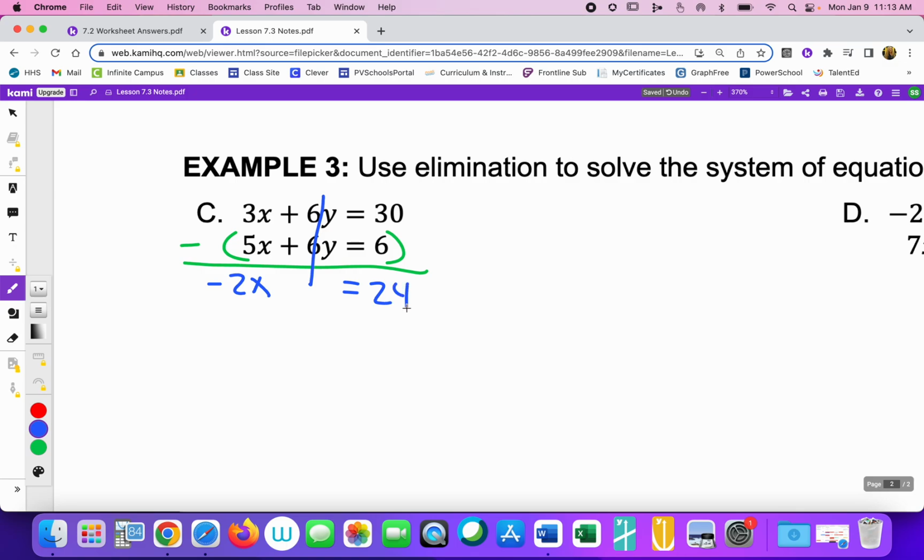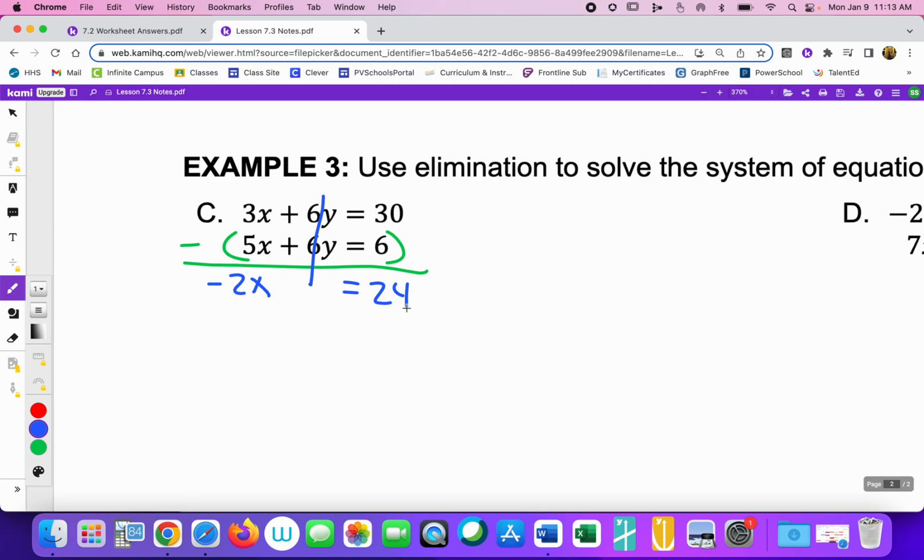Now some of you are like, that's fine, no issue. Those of you that are like, I don't know if I'll remember to do this minus that the whole way, what you could do instead, and it will still get you negative 2x equals 24. That's not going to change.